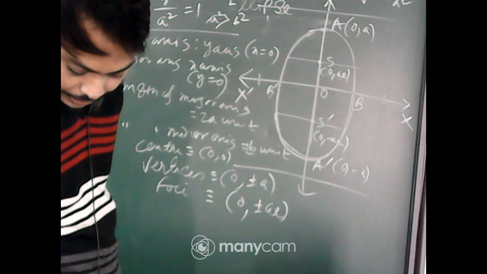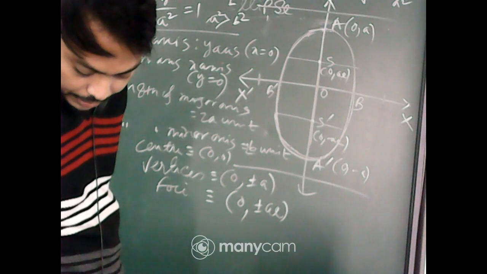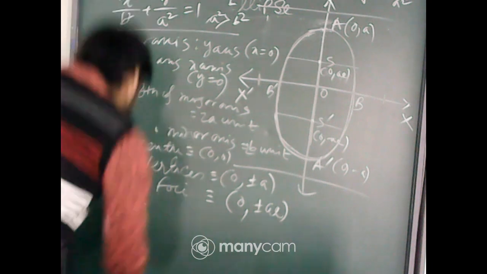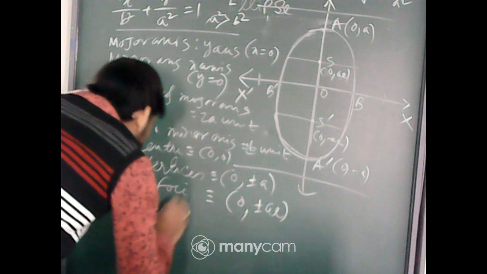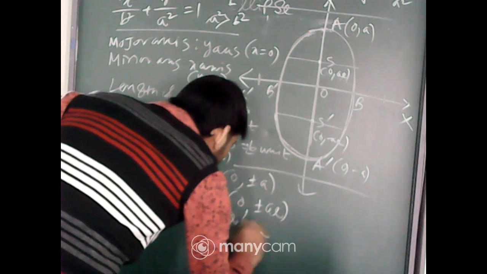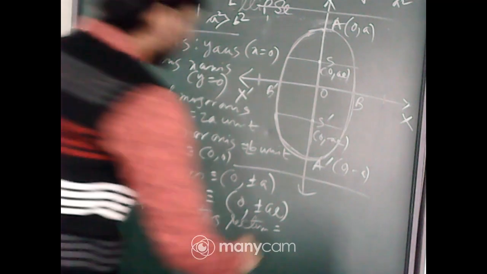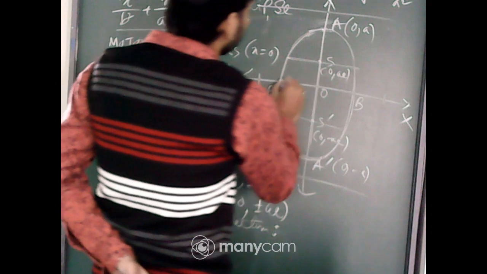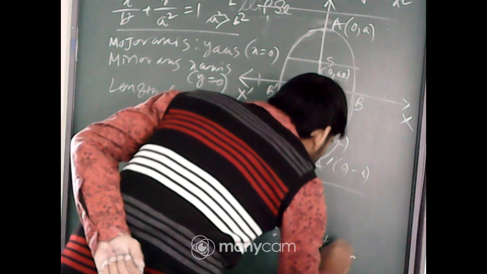Now the next thing, equation of latus rectum. That will be a line parallel to x axis, so y equals to constant, so y equals to plus minus ae.